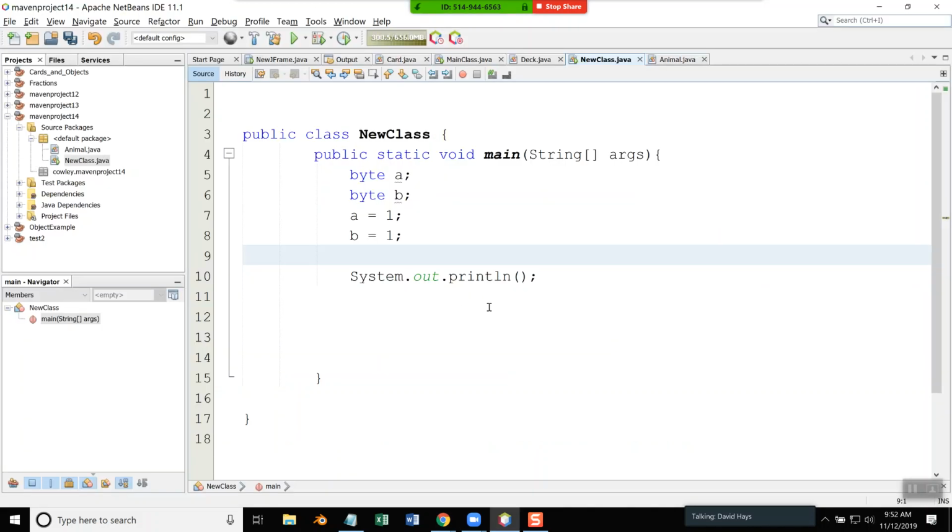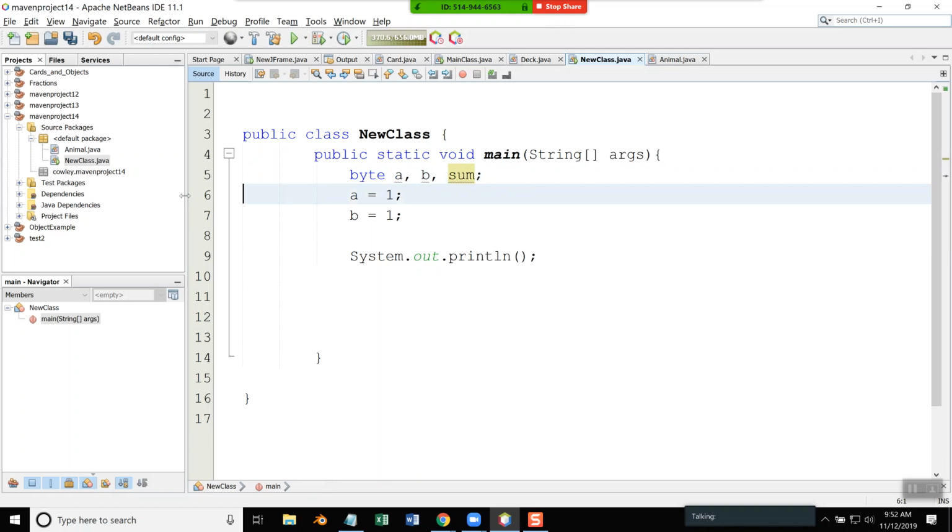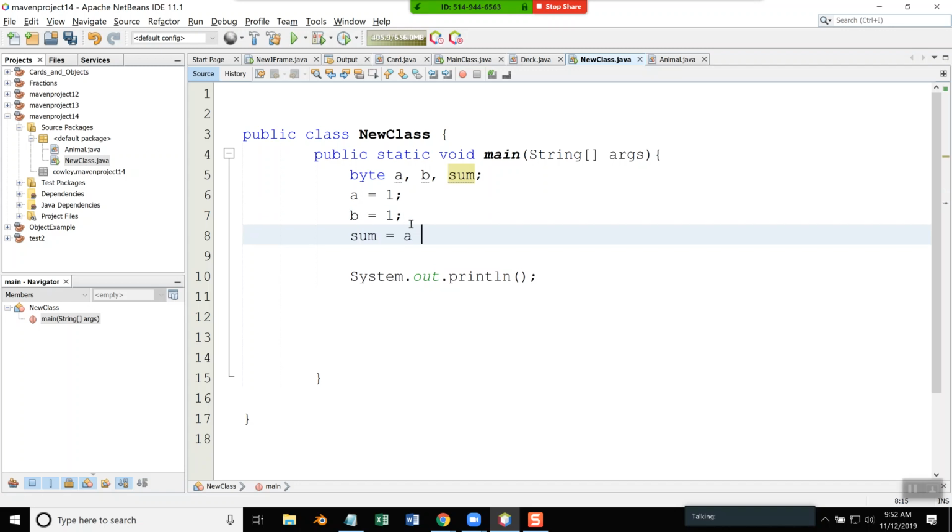So if these are both byte, so there, sum is equal to a. Sum's a byte, a is a byte.